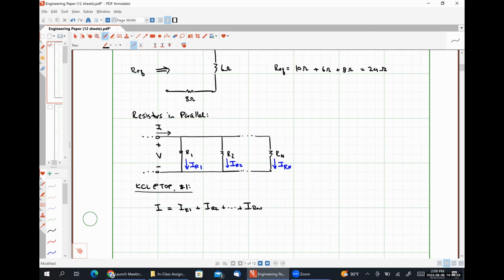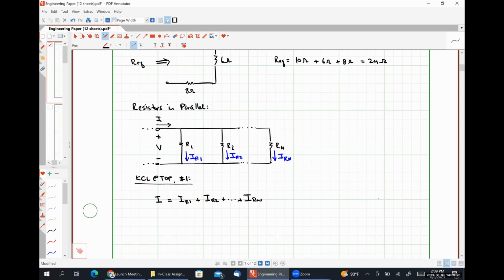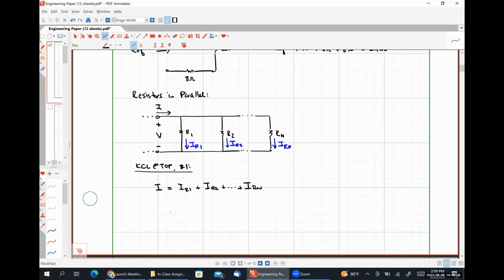Since all of those resistors have the same voltage drop over them because they are in parallel, I can express each of those resistor currents in terms of that voltage V using Ohm's law. So that's going to look like V over R1 plus V over R2 all the way out to V over R sub n.